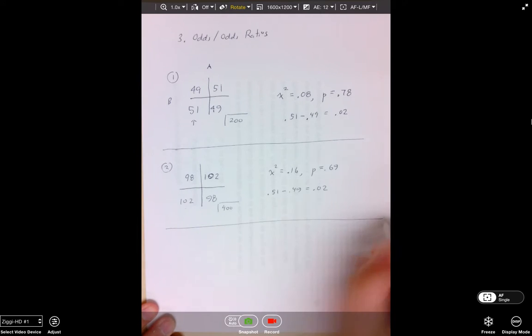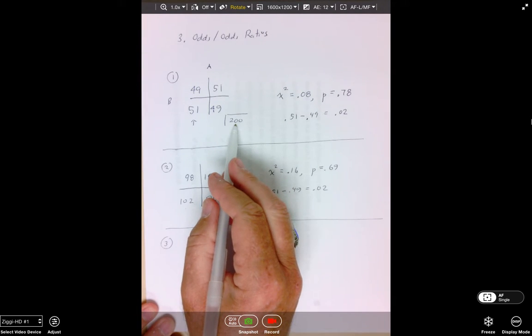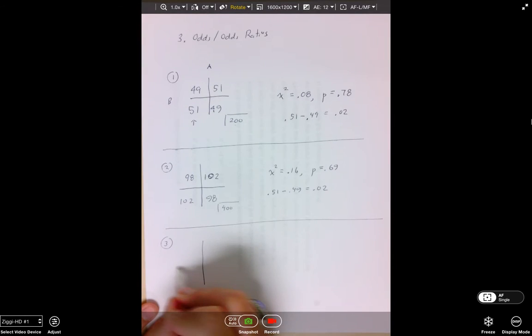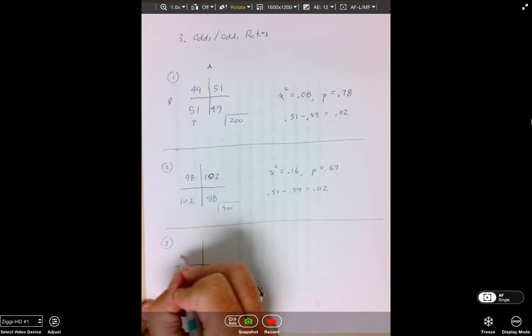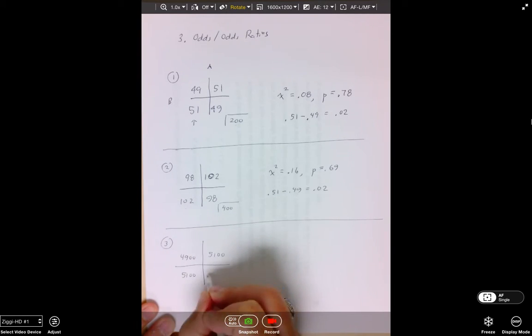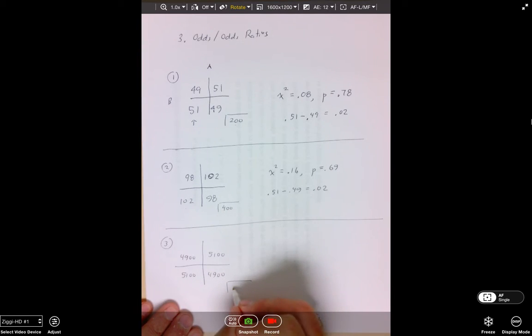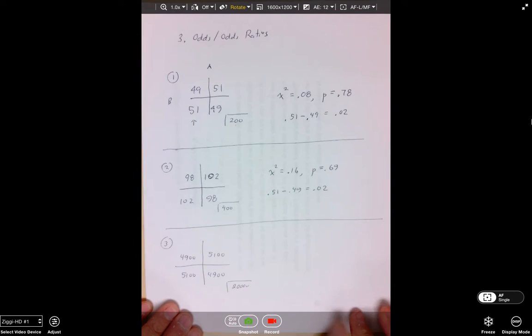The third one I want you to look at, I bumped this up by 100. So I have 20,000 subjects.